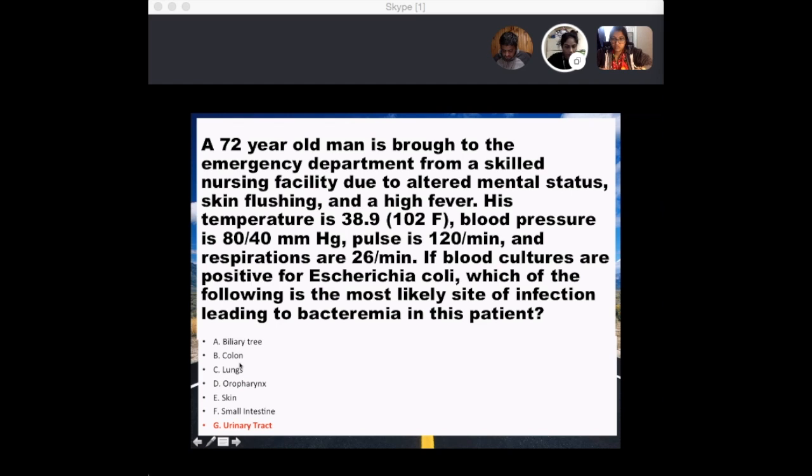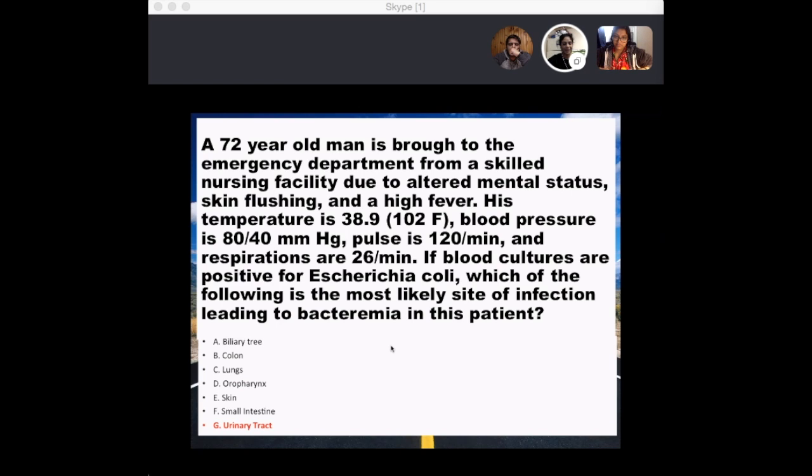Yeah, because biliary tree, lungs, oropharynx, skin, and small intestine are probably not going to be any of your differentials, as the only other thing you can think of in terms of bacteremia association is clearly not meningitis, since it's not a neonate, and then the hemolytic uremic syndrome, but that's kidney, and it's going to be associated with the thrombo.